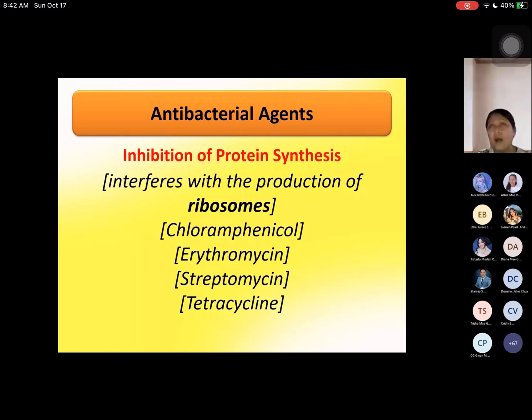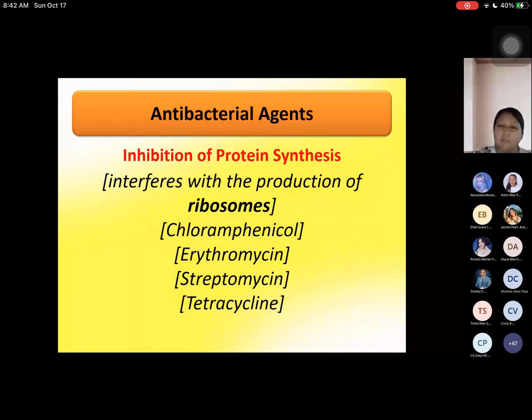So these antibacterial agents like chloramphenicol, erythromycin, streptomycin, and tetracycline only target 70S ribosomes. They don't target the 80S ribosomes, which are present in humans. So we are not affected by these antibacterial agents, only those bacteria that invade our system. Okay, that is inhibition of protein synthesis.